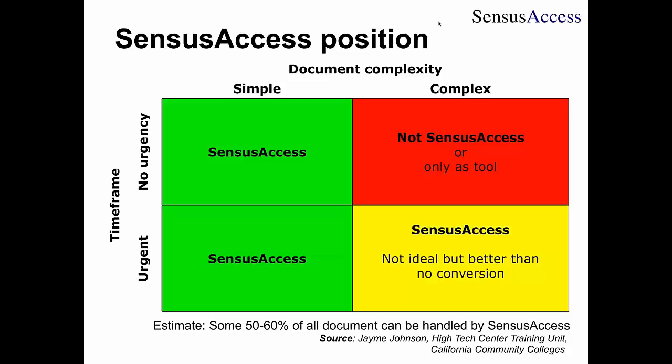So looking at the complexity first, we differentiate between the simpler document types and the more complex document types. To us, a simple document could be an inaccessible document that is mainly containing text without sophisticated graphics, without illustrations, without math equations and so on. That would constitute a simple document to us.